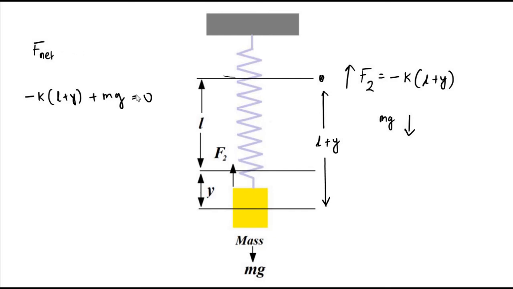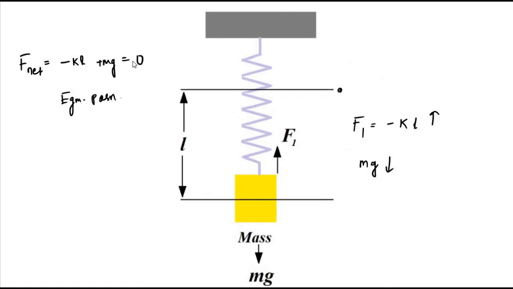The net force we have to calculate. If we expand it, it becomes minus KL minus Ky plus mg. Here we have calculated that minus KL plus mg is equal to 0 because it was the equilibrium position.